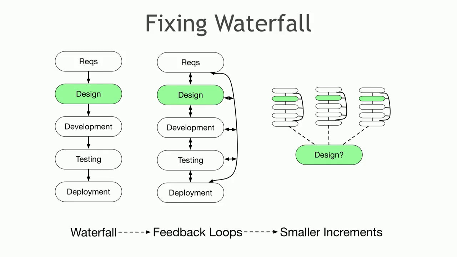The second thing that Agile does, with words like sprint and iteration, is break the process down into much smaller chronological increments. So instead of having this series of steps take place over years, you have this series of steps take place over days or hours.